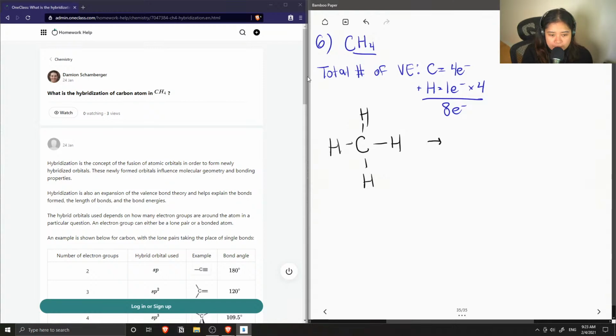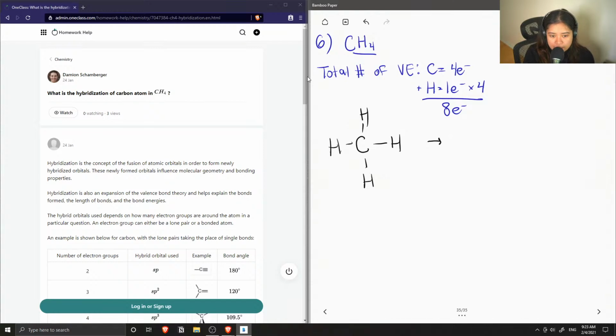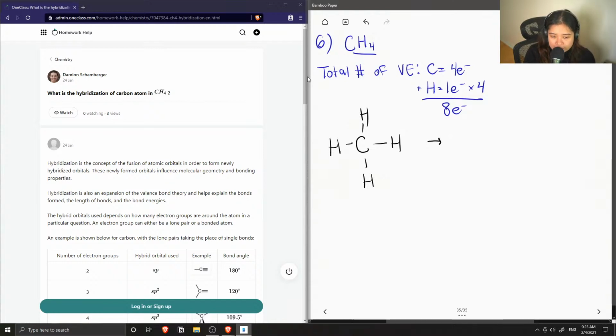So there are 2 ways that we can do so. So the first is by using the VSEPR theory, which we can then use a VSEPR theory chart that summarizes the hybridization and the molecular shape and electron geometry. So if we analyze the carbon, there are 0 lone pairs and 4 bonded atoms.